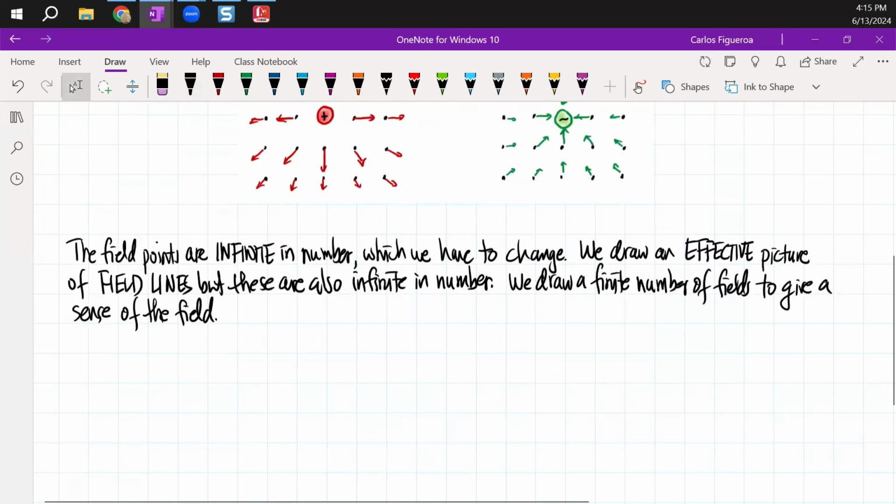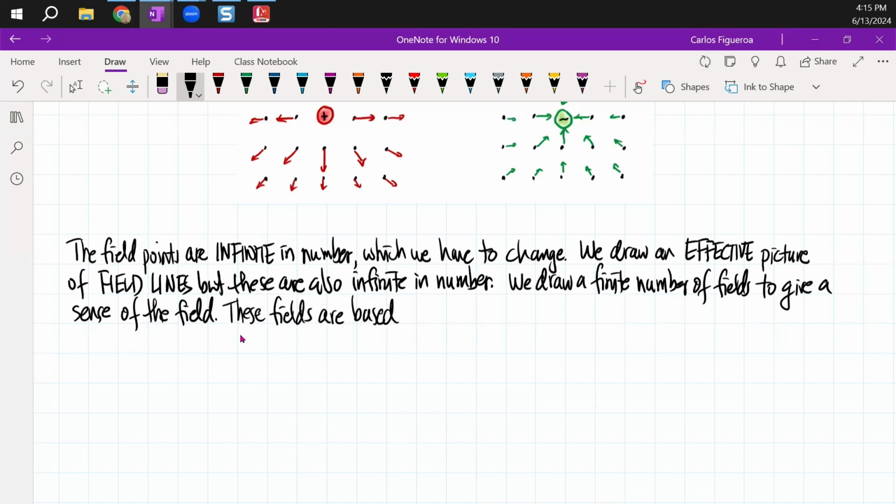So what we'll look at here is that they all have to follow Coulomb's law. So these field lines are based in Coulomb's law.